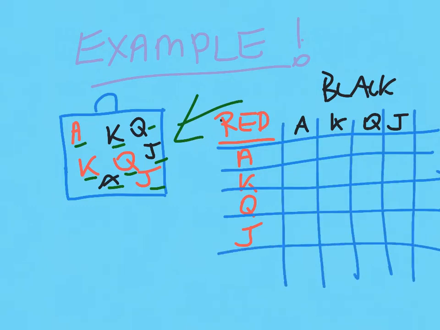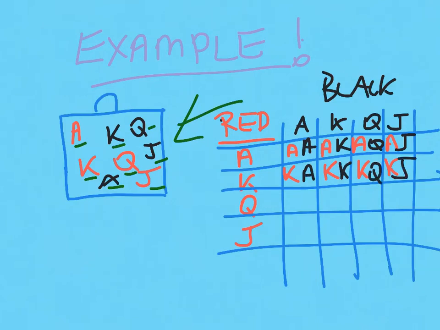So our sample space, or our possible outcomes, would read like this. It would be ace, ace, ace, ace. Let's say that's the first one we draw out. Then the second one could be an ace again, could be a king, could be a queen, could be a jack. Same again: first one could be a king all the way through, and then we're taking this down, it could be an ace, a king again, could be a queen, could be a jack.